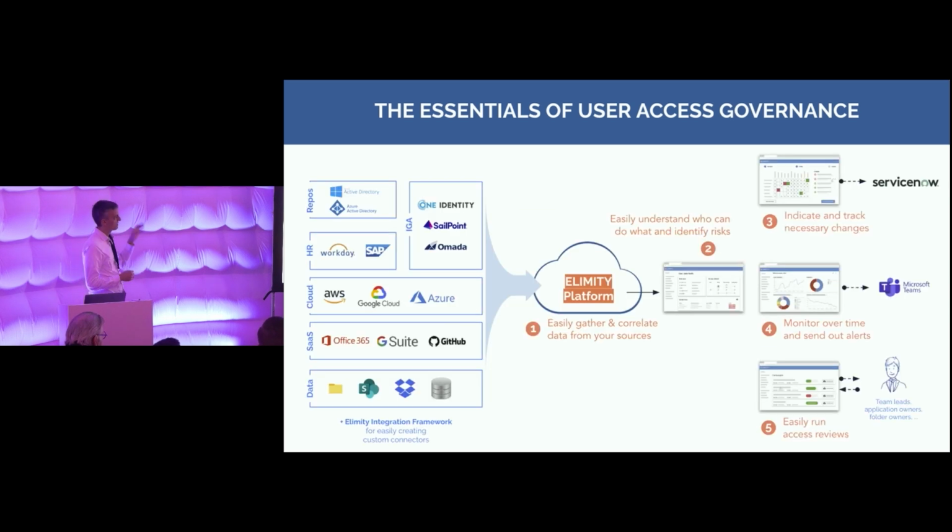And so we provide a platform specifically for this. I'm not going to give a product presentation in this presentation, but very briefly, if you want, it's 5 things: gathering data, understanding who can access what, indicating necessary changes, monitoring over time to be alerted automatically, and running access reviews or recertification processes to involve everyone in the organization that is responsible for a part of user access management.